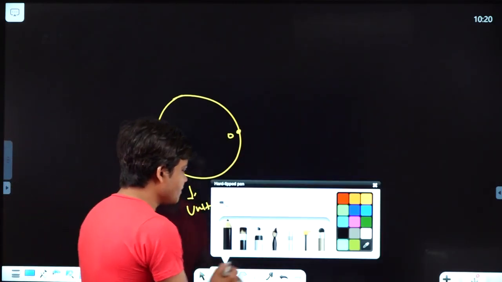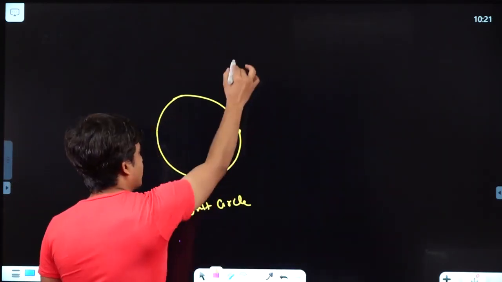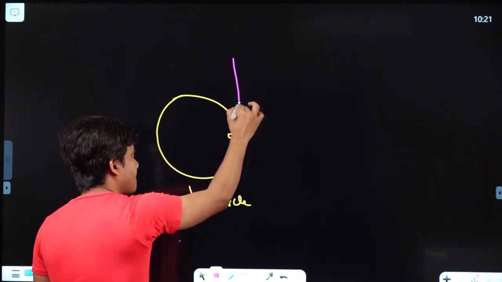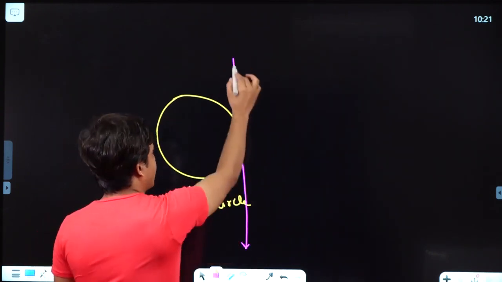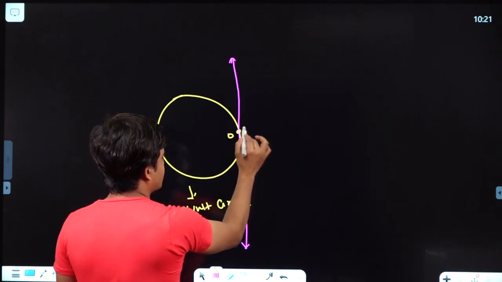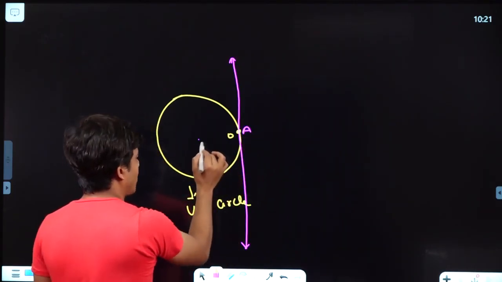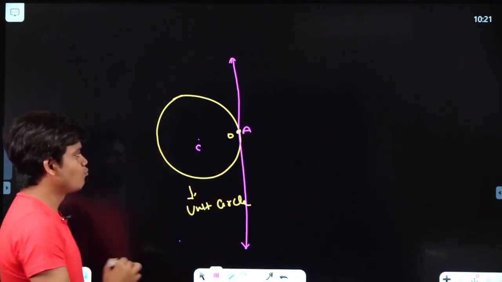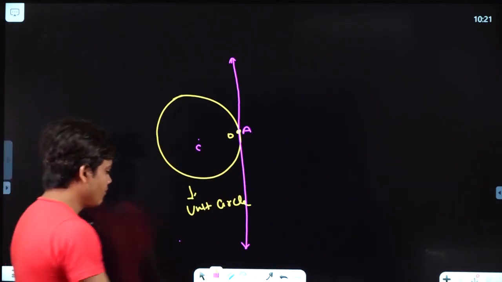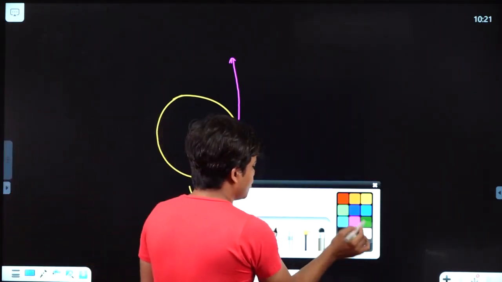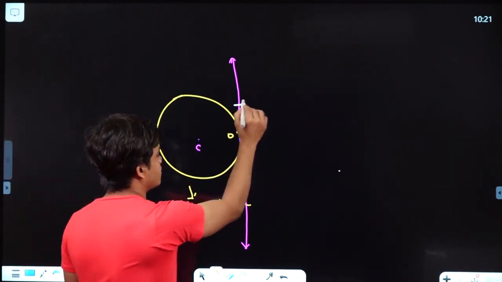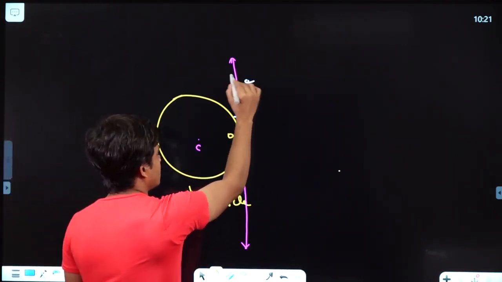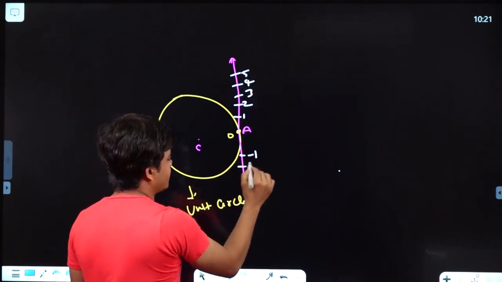And then let me draw a straight line over here. This is your point A. This is the center of the circle, C. And now, let me ask you one thing: you have the points in the positive direction and the points in the negative direction.